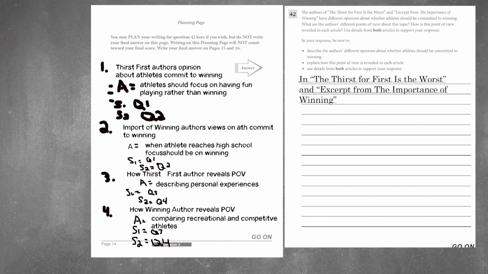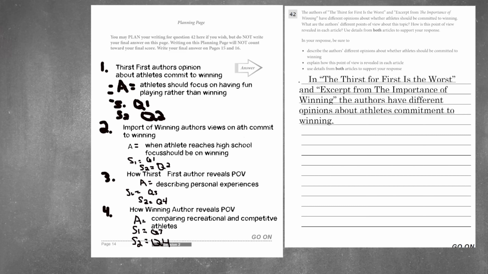In the Thirst for First is the Worst, an excerpt from The Importance of Winning. Okay, we didn't do anything besides, and make sure this is indented properly, besides quote the passages properly. And if you forget how to do it, just look up at the question and they have it there.